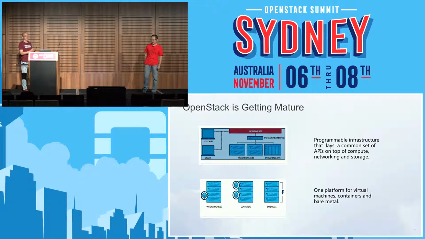OpenStack provides cloud resource management for compute, network, and storage. Especially for compute, OpenStack can cover all the different types of compute resources, including bare metal, virtual machines, and containers.